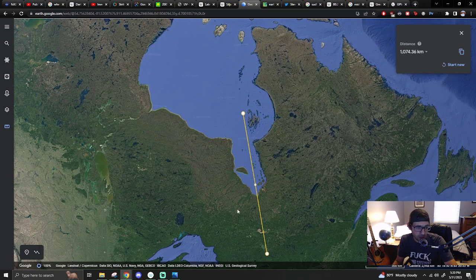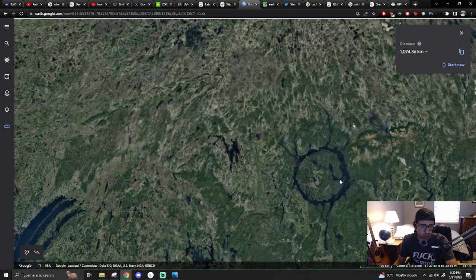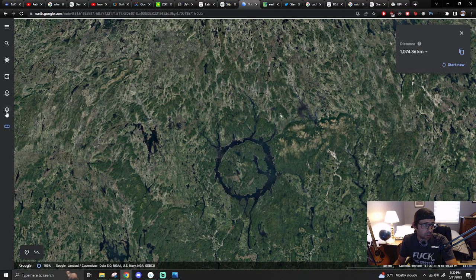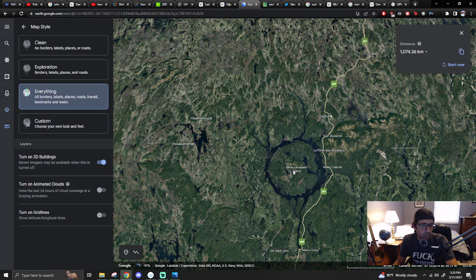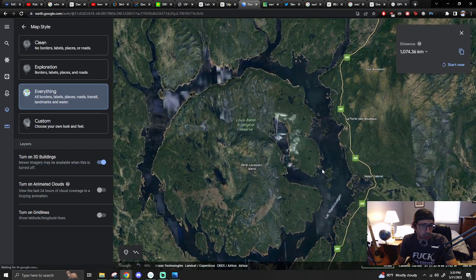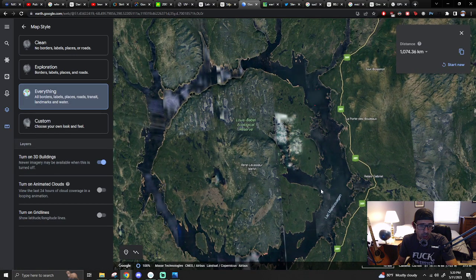But then across here is this thing and this thing. When was this impact? This was while the more recent Earth expansion process was occurring, I believe. What is this called again? Lake Manakaugan.